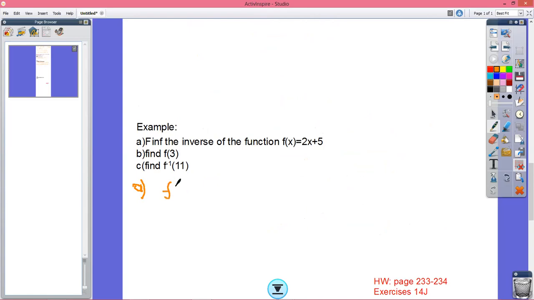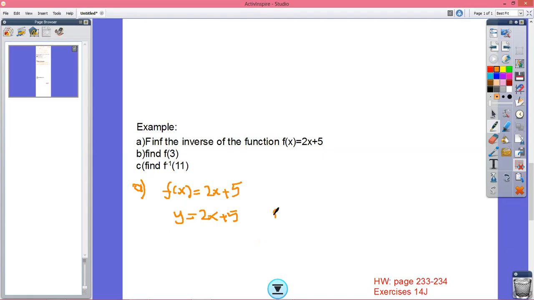We said instead of f of x, we can write y. So y is equal to 2x plus 5. Here I am going to interchange x and y.